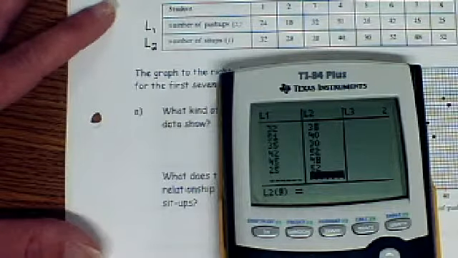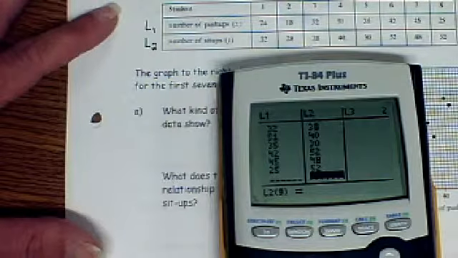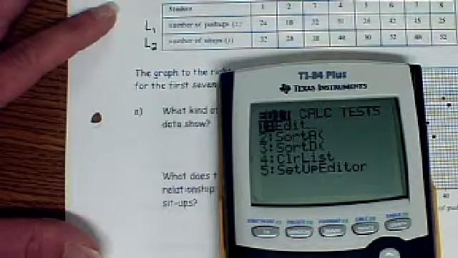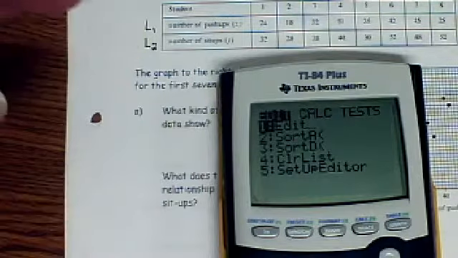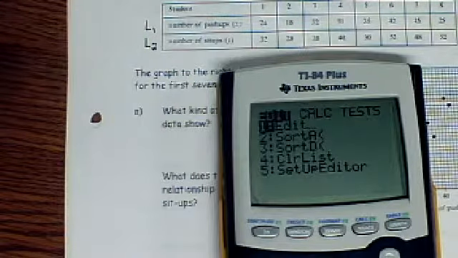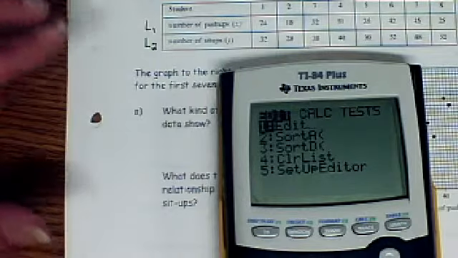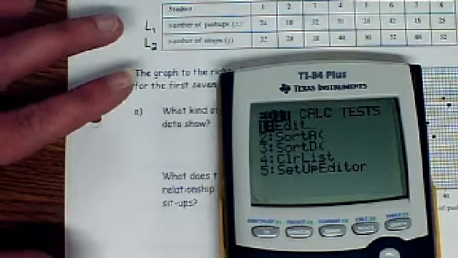Once you have your data entered, we're going to go to Stat. Now remember, before we had one variable. Sometimes we had a frequency list that we might put in L2, but this time it's two different variables, L1 and L2.